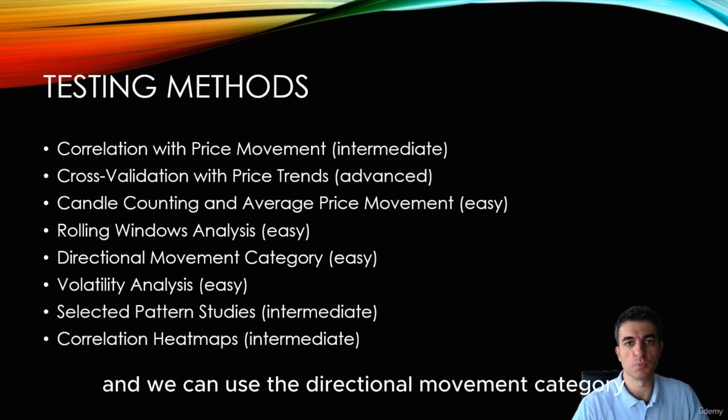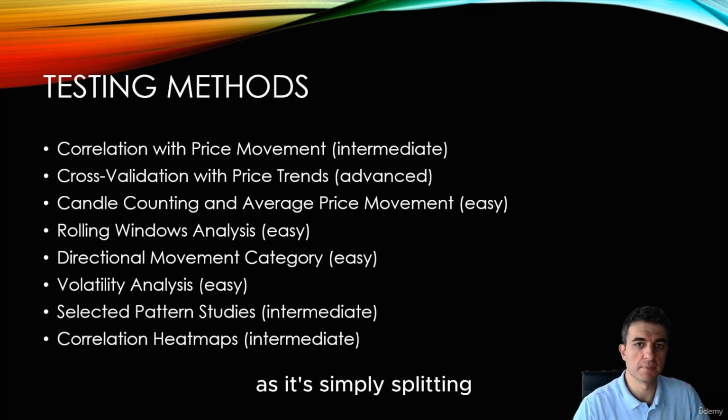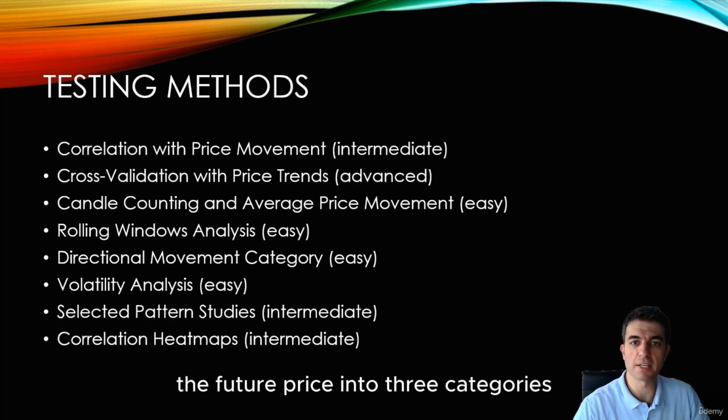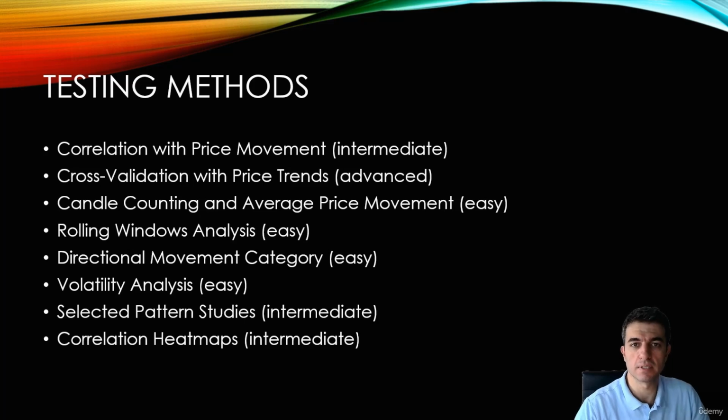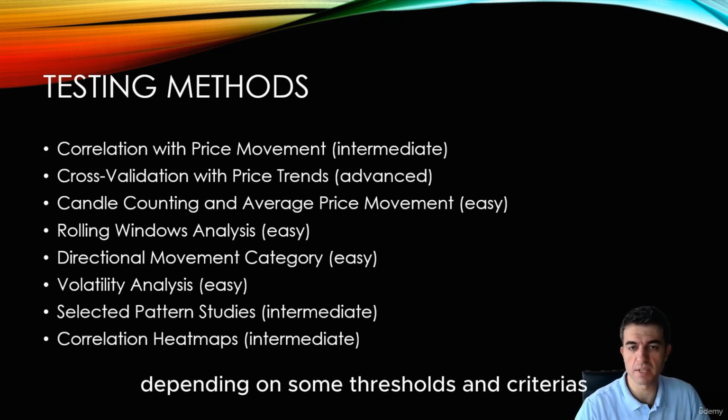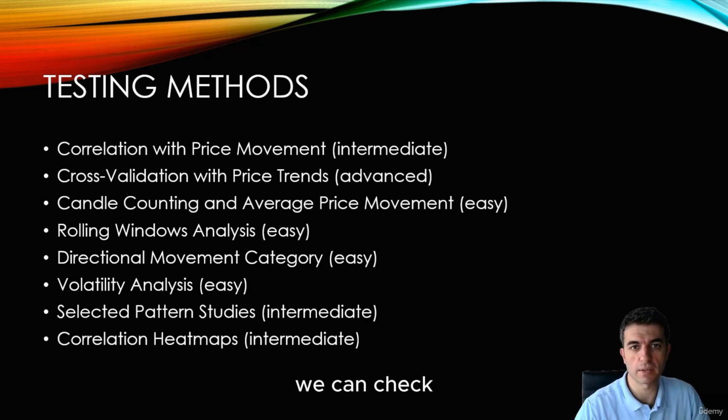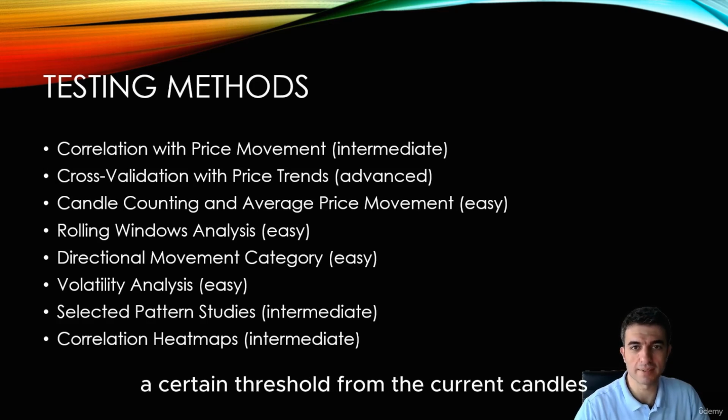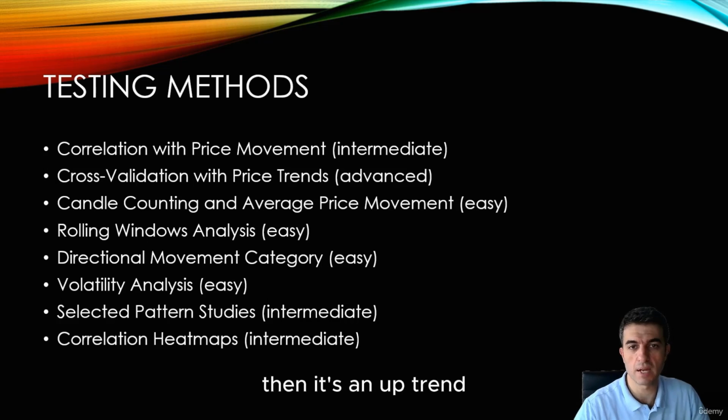Then we can use the directional movement category. It's simply splitting the future price into 3 categories: an uptrend, downtrend, or a ranging price, depending on some thresholds and criteria. For example, we can check the average price of the next future 5 candles. If they are above a certain threshold from the current candle's closing price, then it's an uptrend.